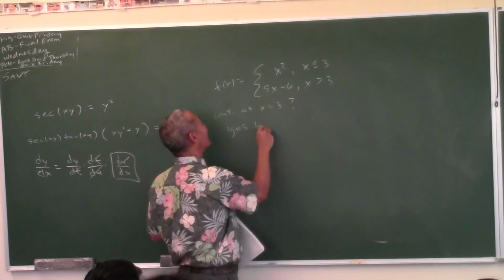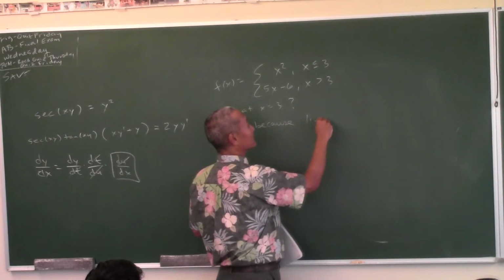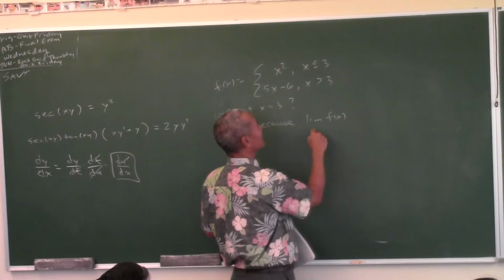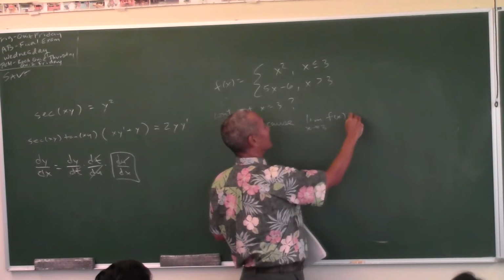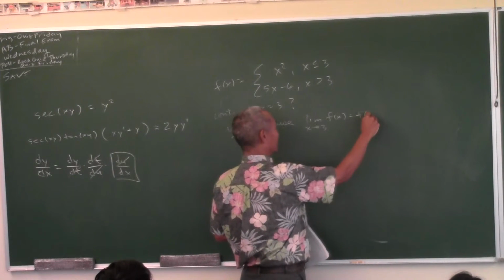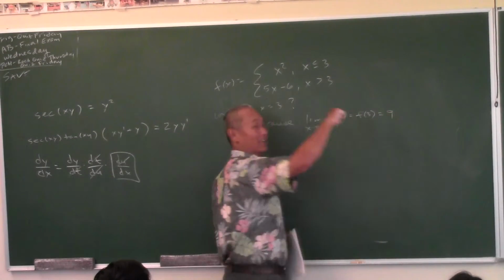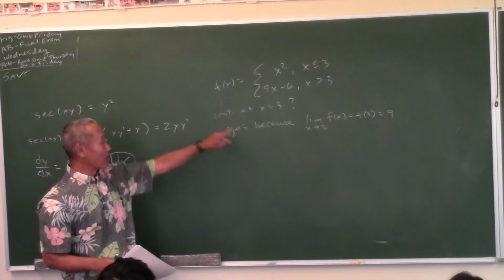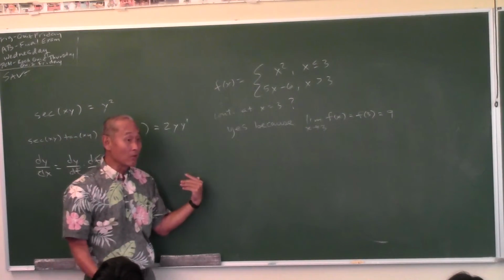Yes, because the limit of this function from both sides is equal to 9. Exactly. Anytime they ask you why a function is continuous, you gotta recite that definition right there.